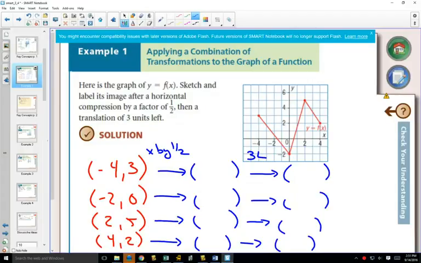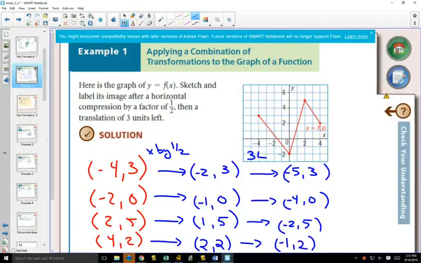If I do that, I'm going to get -2, -1, 1, 2, and the y's will not change. Then 3 to the left is going to go to -5, -4, -2, -1.